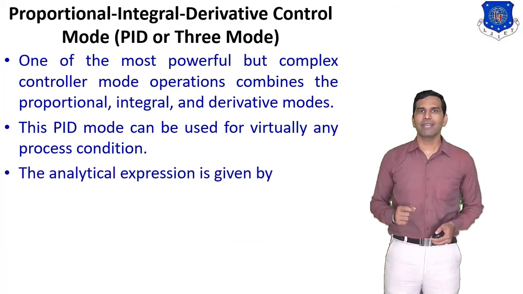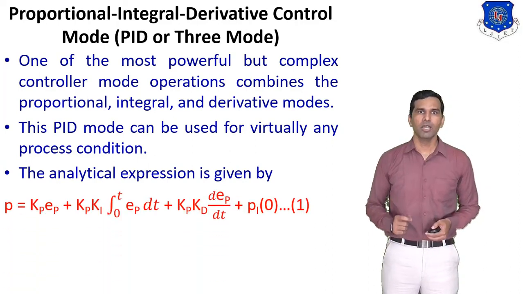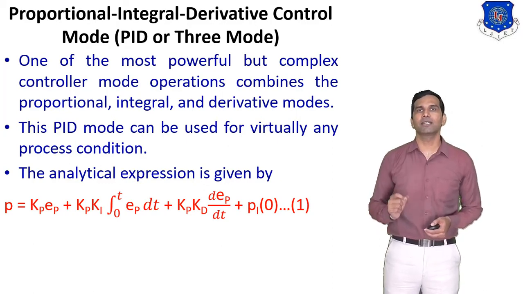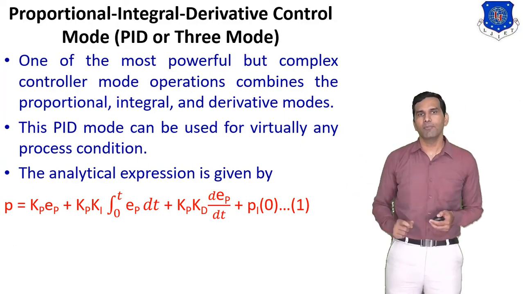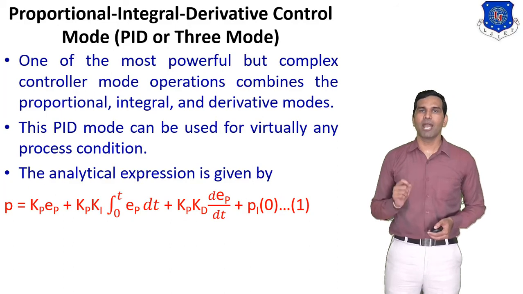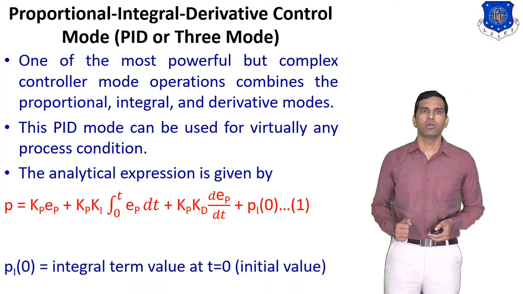The analytical expression for the PID mode is given by P equals Kp Ep plus Kp Ki integral from 0 to t of Ep dt plus Kp Kd dEp by dt plus PI0. This is the analytical expression of the PID controller.